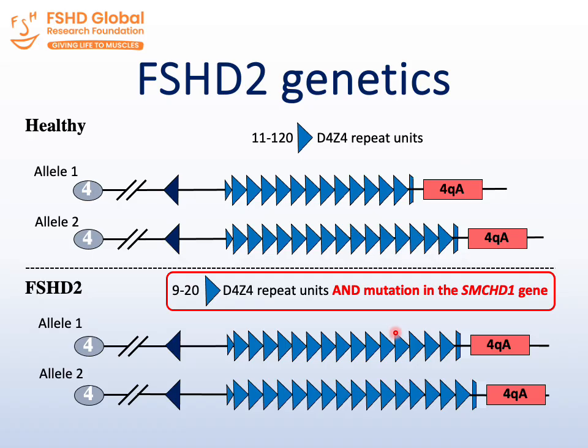And this is why FSHD1 testing, or a lot of FSHD testing, does not test for FSHD2. If you're measuring the DNA for a contraction, like the majority of FSHD testing does for FSHD1, you miss FSHD2 because at the 4q35 array, it looks the same for FSHD2 and non-FSHD.